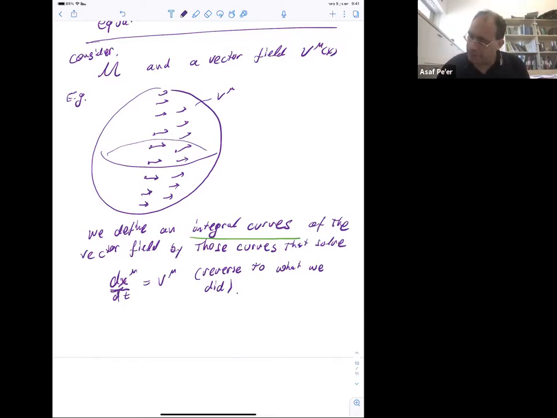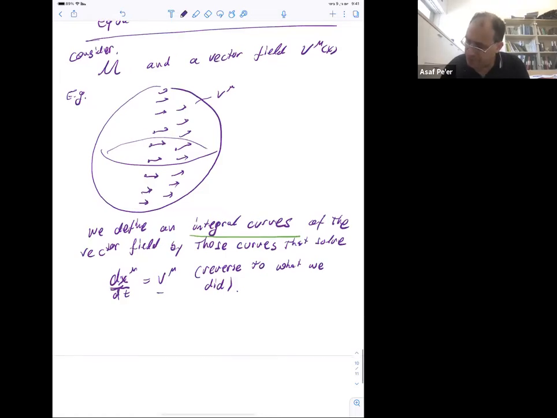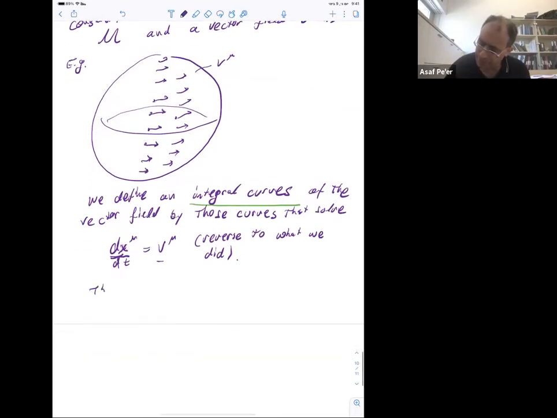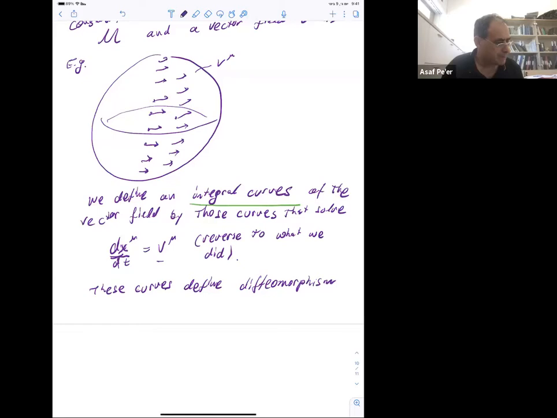So the vector v mu defines a curve, which we specify by the parameter t. Now, we basically look at these curves as defining what we call a diffeomorphism.